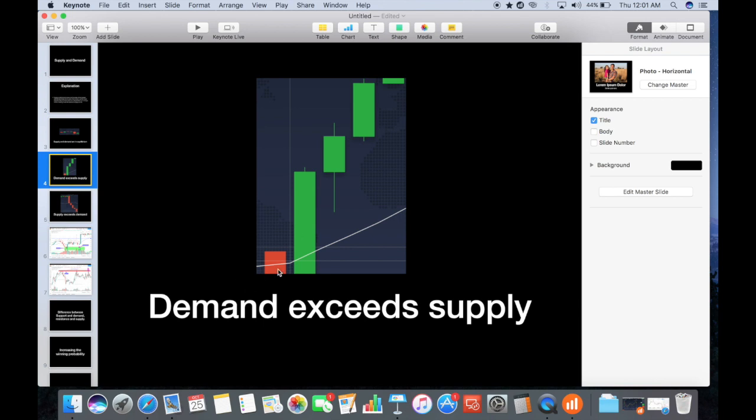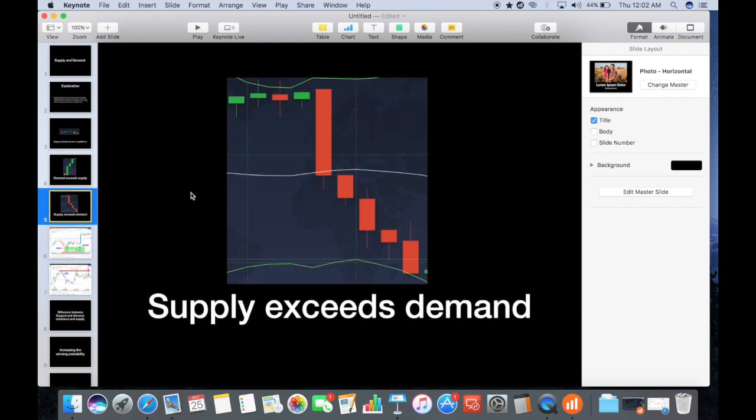Whenever the demand exceeds and overpowers supply, the price quickly moves away from that level. This is the demand zone. And the same for supply: whenever supply overpowers demand, the prices go down.